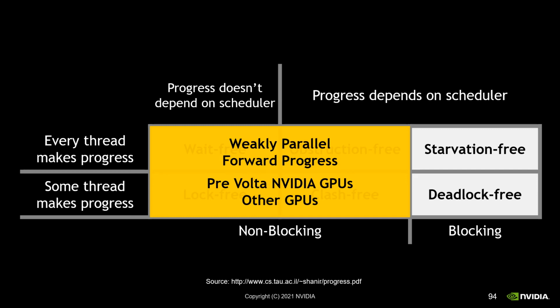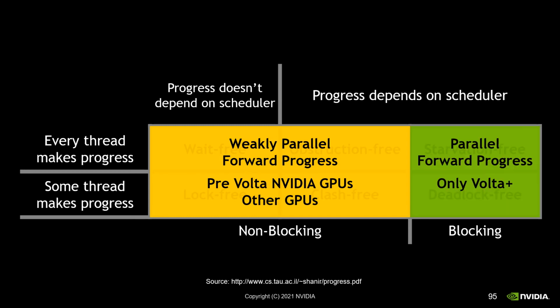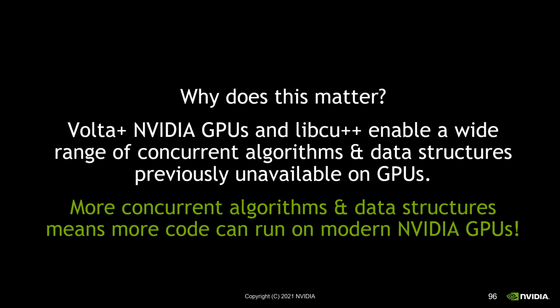For example, the simple atomic polling function we looked at before cannot be used on these platforms because that function used blocking synchronization. But on Volta and newer NVIDIA GPUs, you have parallel forward progress guarantees, which means you can write any type of concurrent algorithm. More concurrent algorithms and data structures means more code can run on modern NVIDIA GPUs.